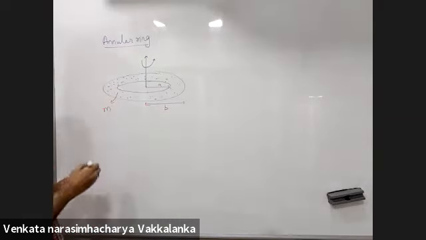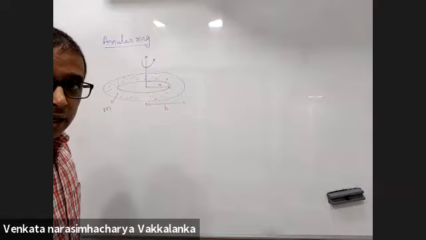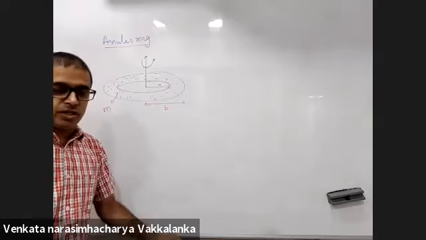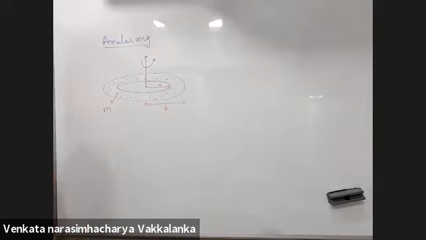The dotted region has mass m. I want the moment of inertia. This is called an annular ring of inner radius small a, outer radius b.